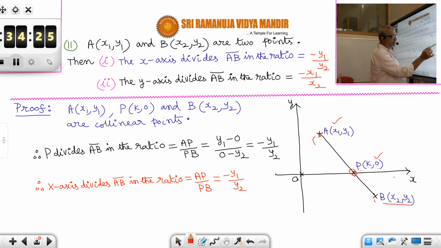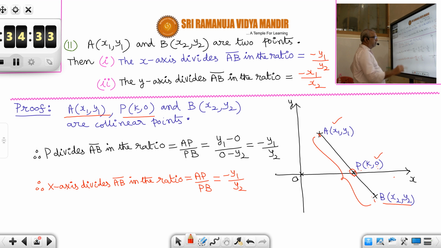Now you can clearly see that these 3 points are in a straight line. So that is what I am writing here. A(x1, y1), P(k, 0) and B(x2, y2) are collinear points. Then we will apply the previous concepts. So then you can consider 3 ratios, is it not?